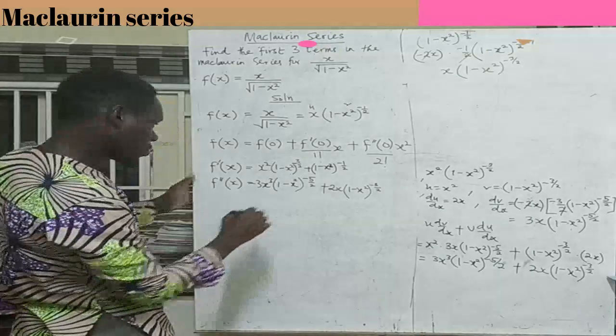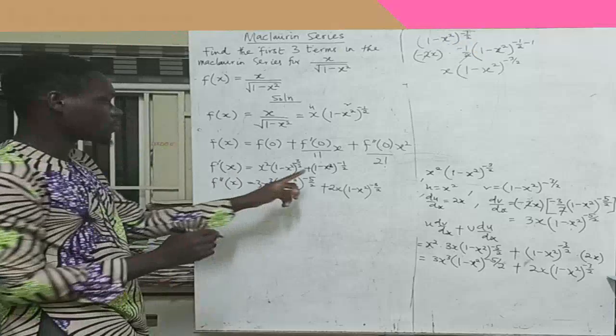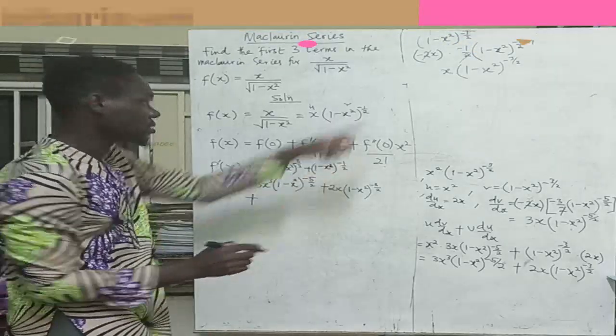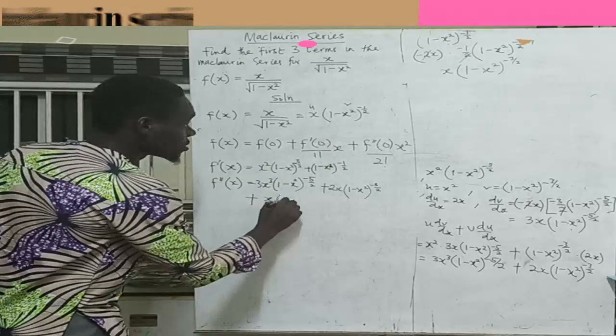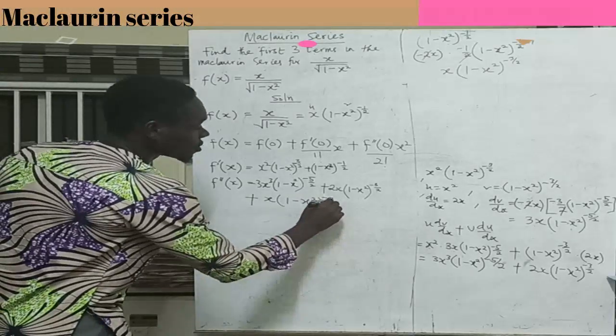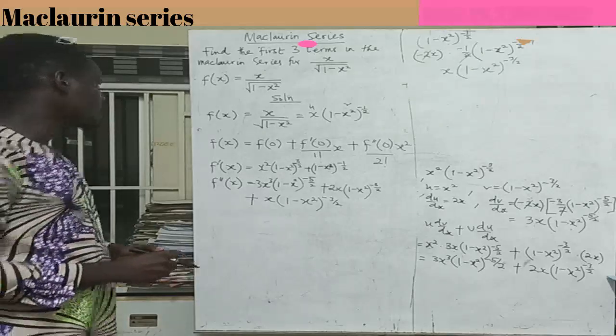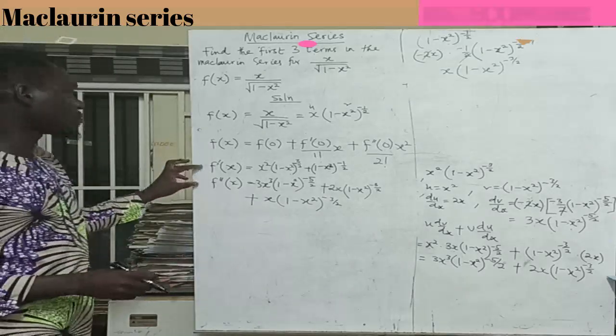And then, so this becomes plus. So the result of this is this x squared raised to the power of minus 3 over 2. Alright, so we have our first two derivatives.